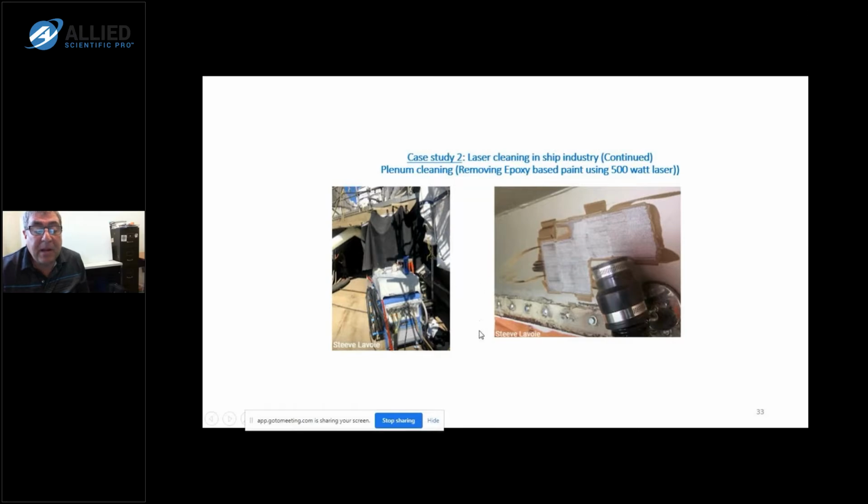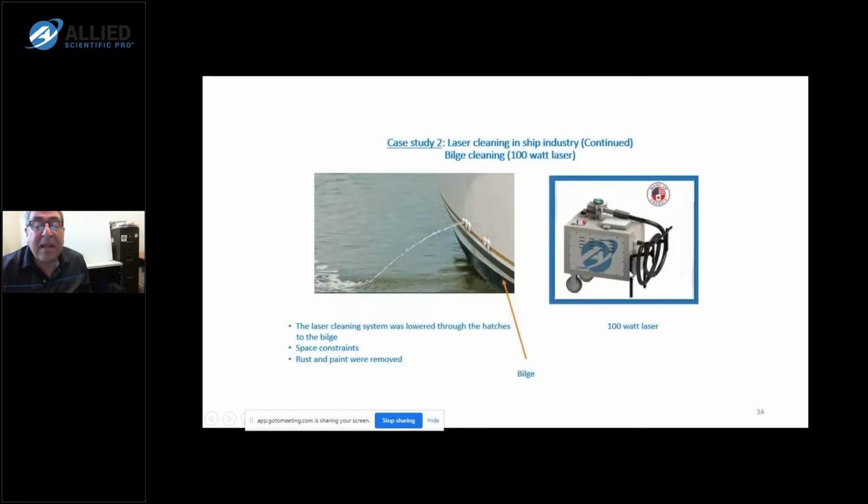So the plenum was one area, and the other area that was cleaned was the bilge of the ship, which is the area at the bottom that is submerged in the water. In order to get there, one had to route the laser system through hatches to the bottom of the ship from the deck, and the only laser system that would fit was the 100-watt unit, which was carefully brought down through the hatches, and the space constraint played a big part.